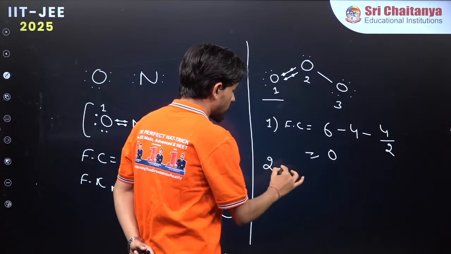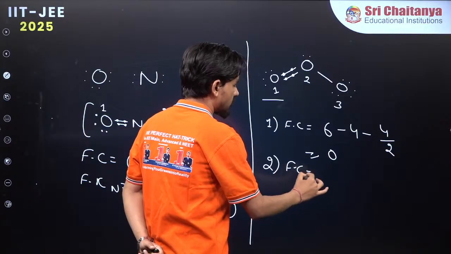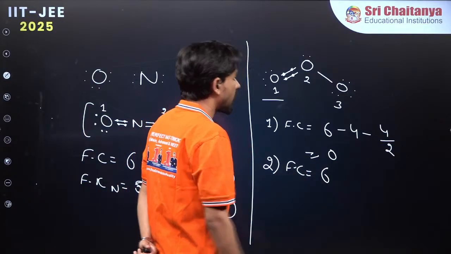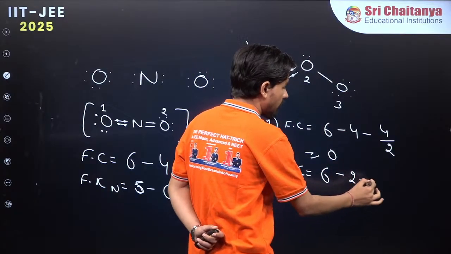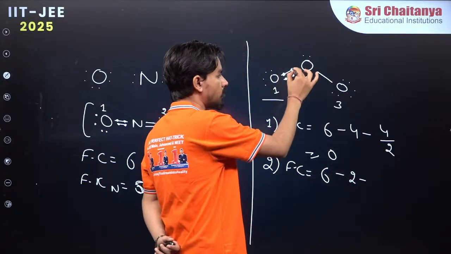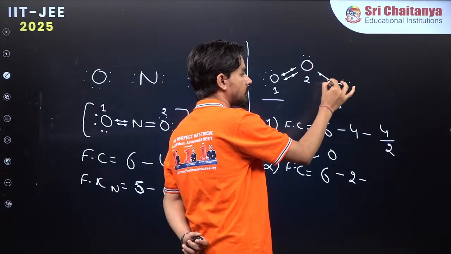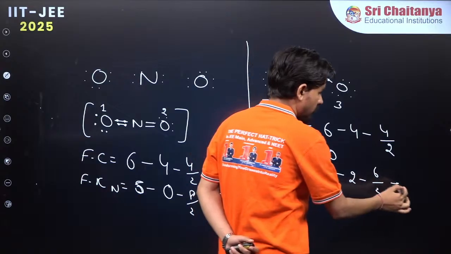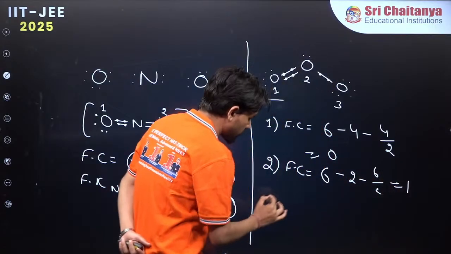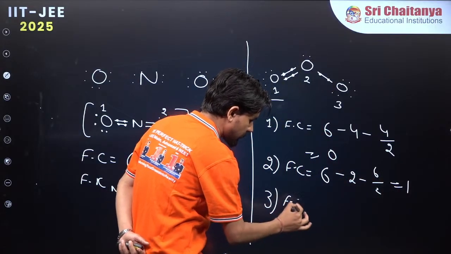For oxygen 2, formal charge is equal to, this will be 6. How much are unshared? Only 2 are unshared. And how much are shared? 1, 2, 3, 4, 5 and 6 are shared. So 6 by 2, that is 3, and it will be 6 minus 2 minus 3, equal to 1. For the third one, what will be the formal charge?